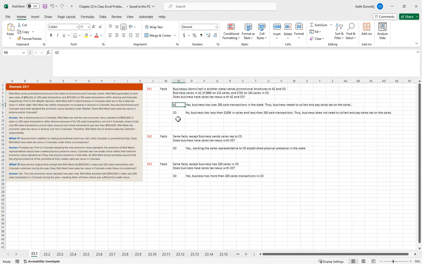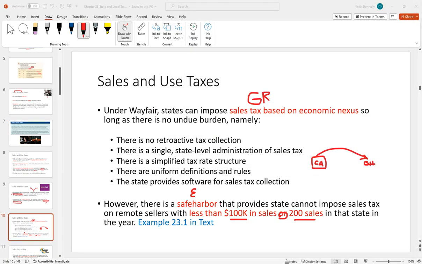Well, yes, general rule for Arizona, they're above 200 sales transactions. No, in Colorado, because they're below 100K. So in the first one for Arizona, they were above 200 sales, so the exception does not apply. For the second one, Colorado, they were below 100K, so the exception does apply.